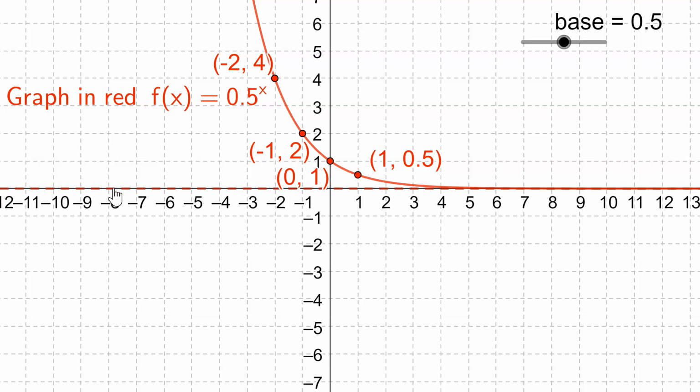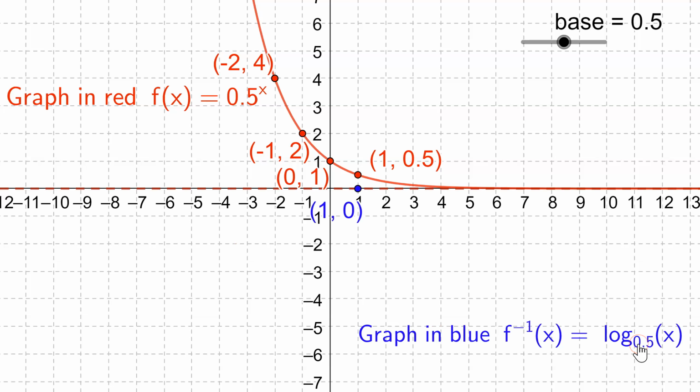Now the inverse of this function is log base 1/2 of x. So if I start graphing that, log base 0.5 of x, remember we interchange x and y values, so (0, 1) becomes (1, 0).